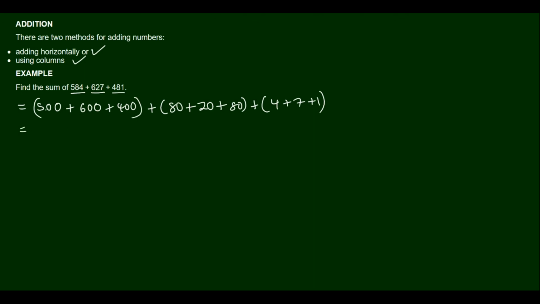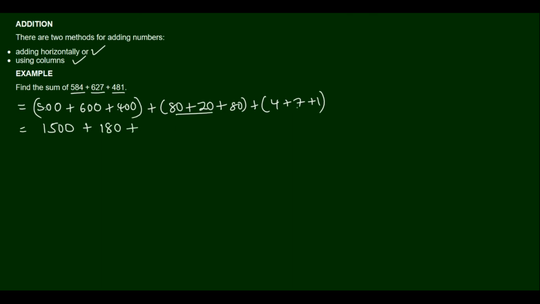Right, so we have 500 plus 600 plus 400. 600 plus 400 is 1000, plus 500 is 1500. So we have 1500, and then plus, go to the tens. This is 100, 100 plus 80, 180.